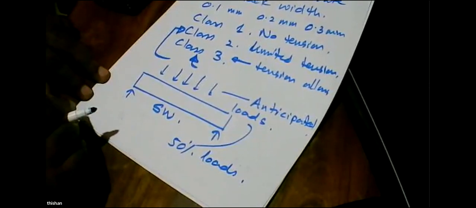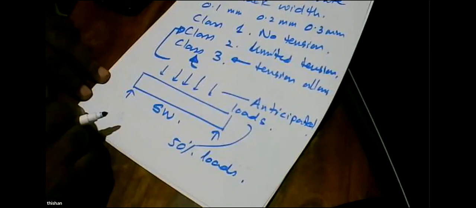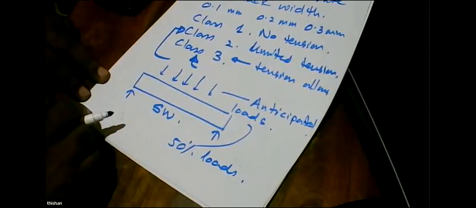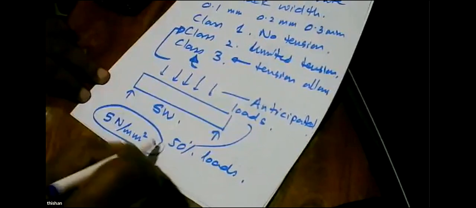So even if you design a beam subjected to some amount of tension, most of the time it might not crack at all. It might crack when there's a very heavy load temporarily, and once the load passes the bridge, the crack will close. So it will remain uncracked. So basically, if you want, you can allow some tension, say up to about 5 newtons per millimeter square, and allow it to crack.